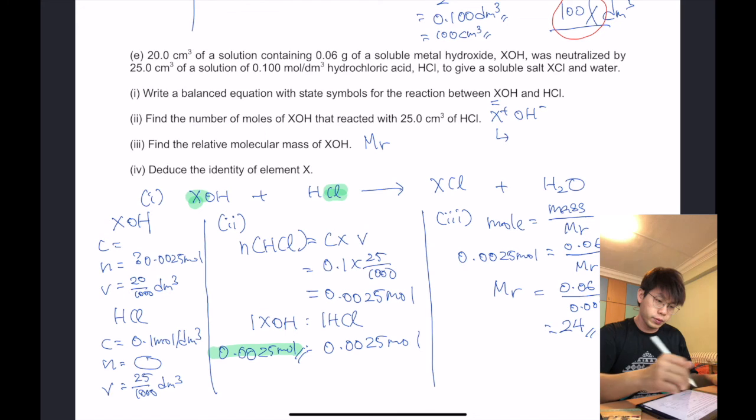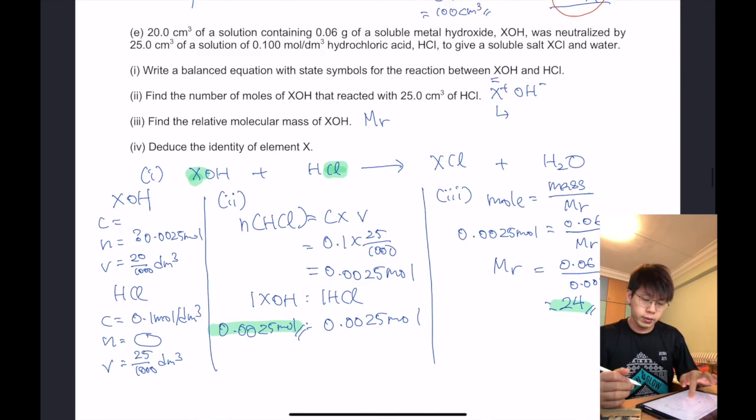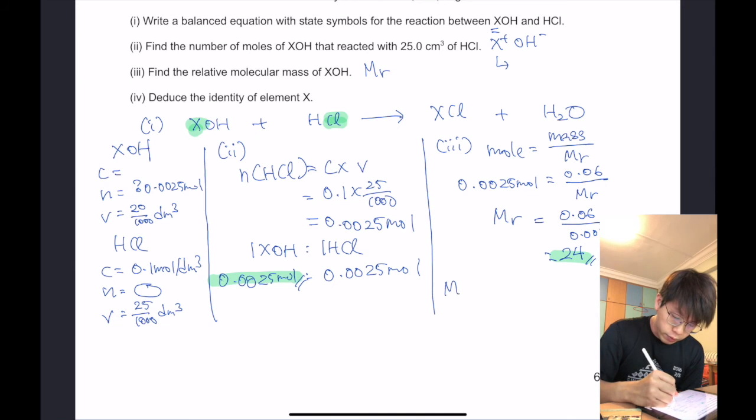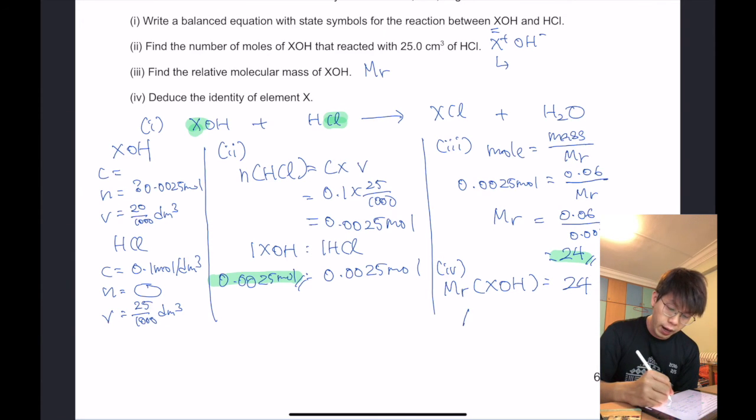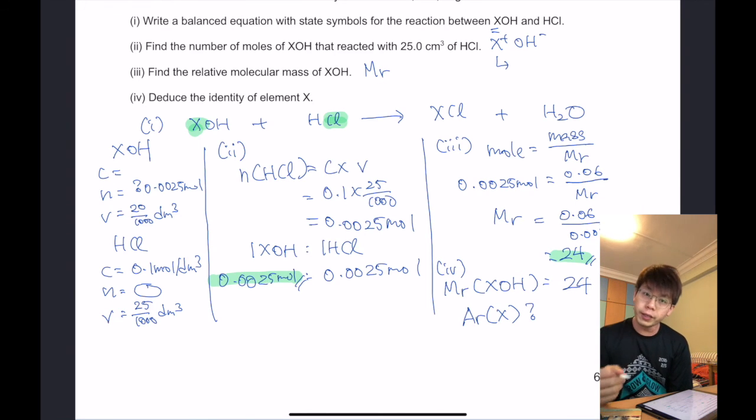Alright, great. So, last question. Identify X. So, this is question 4, the Mr of XOH is equals to 24. So, what is the Ar of X? So, how do we find that out?